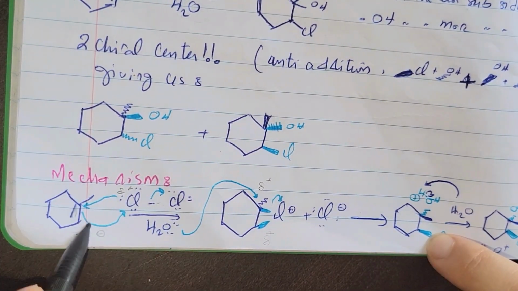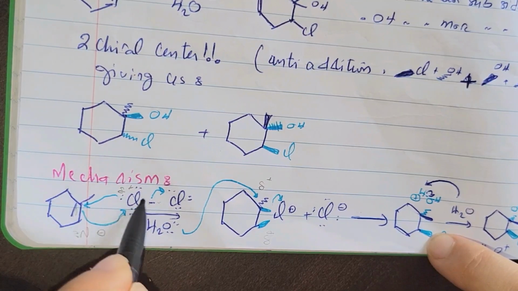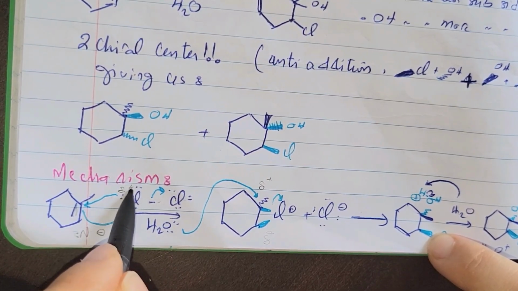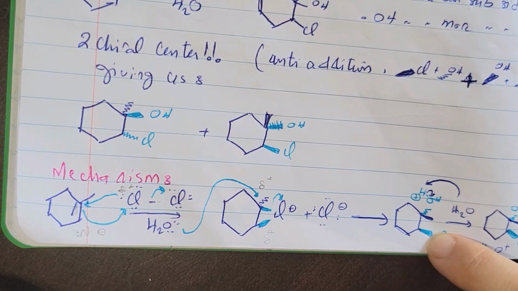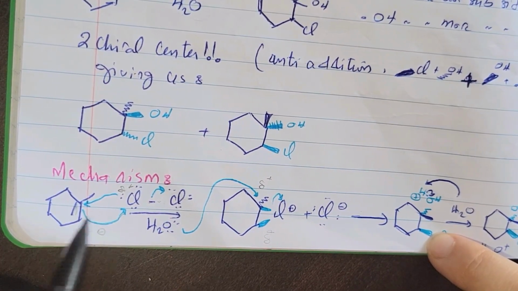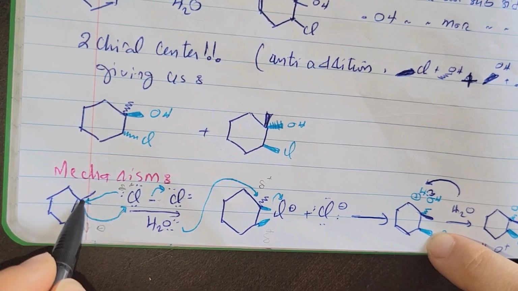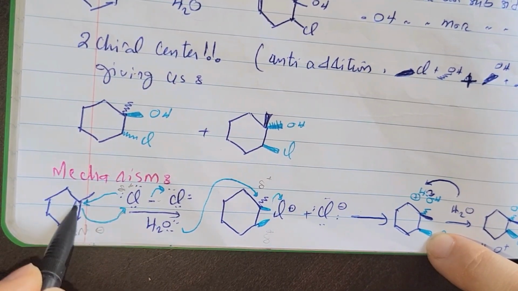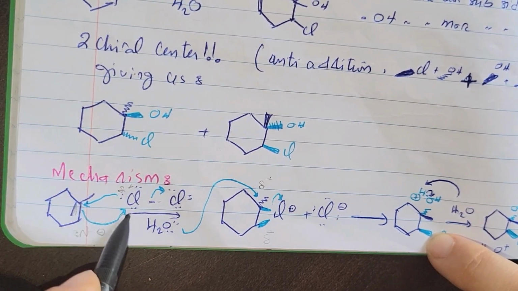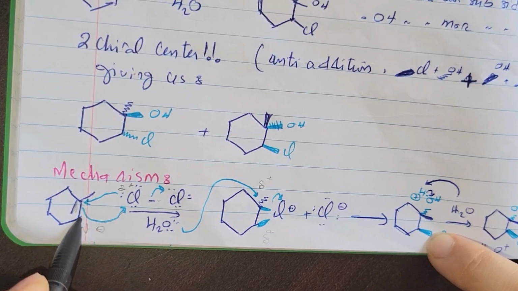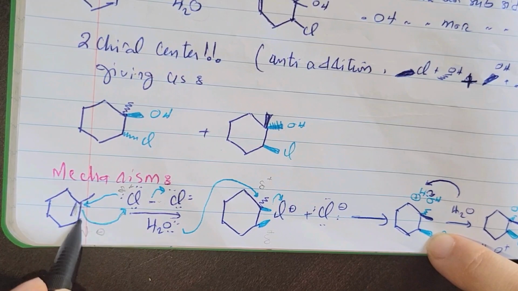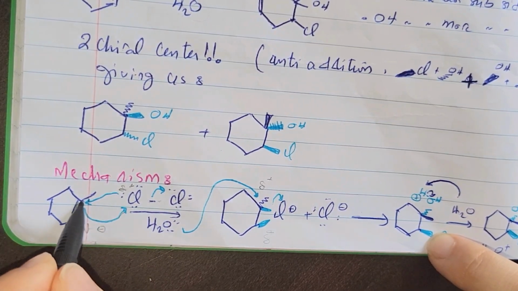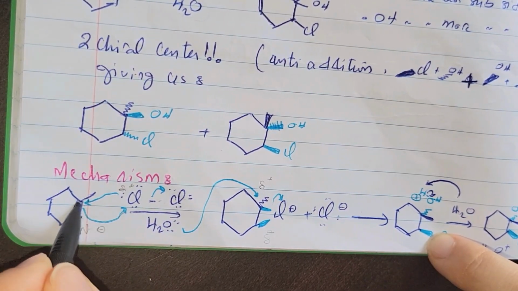So for this reaction, in the first place, we have the double bond, which is going to grab the chlorine atom that is partially positive. In the second place, we will have a carbon lacking one bond, since we had a double bond and then we linked a chlorine atom to one carbon, which makes it four bonds, but the other carbon is lacking a bond.